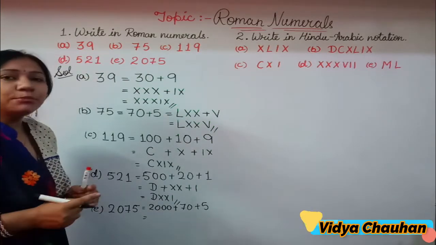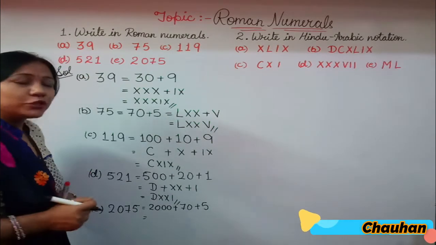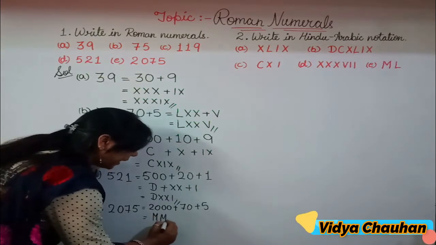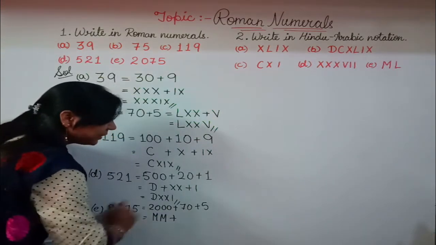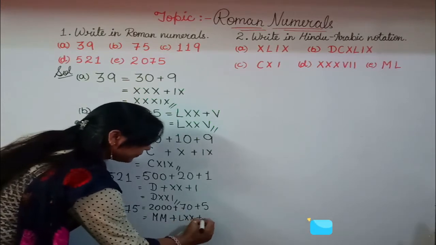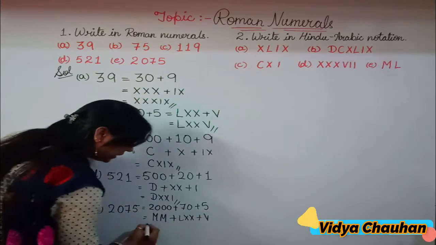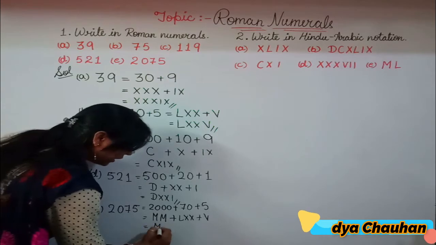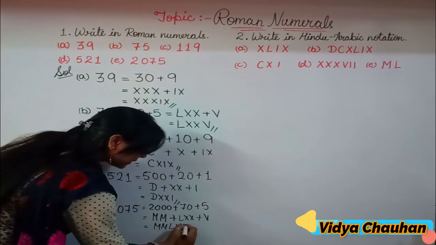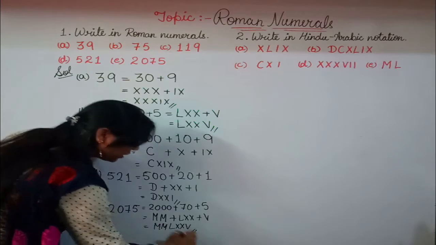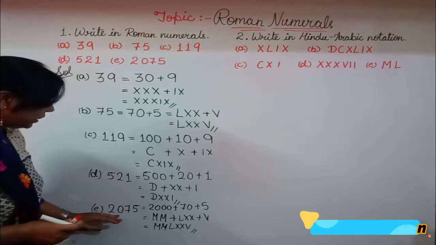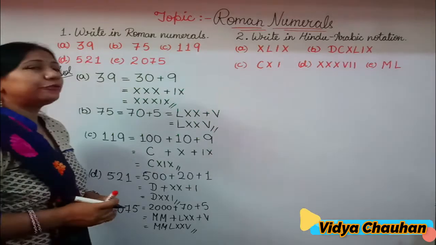Very first, the symbol of 1000 is M. So if it is 2000, that means it will be MM, plus the symbol of 70, LXX, plus the symbol of 5, which is V. Combining them all, it is MMLXXV. So this is your Roman numeral notation for the number 2075.